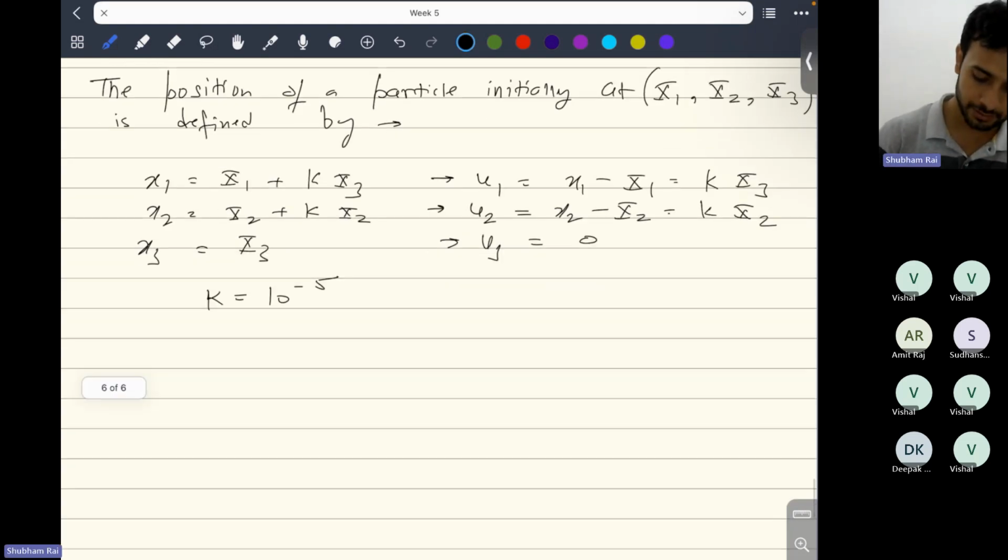So what you have to find is part A. You have to find the components of the strain tensor.